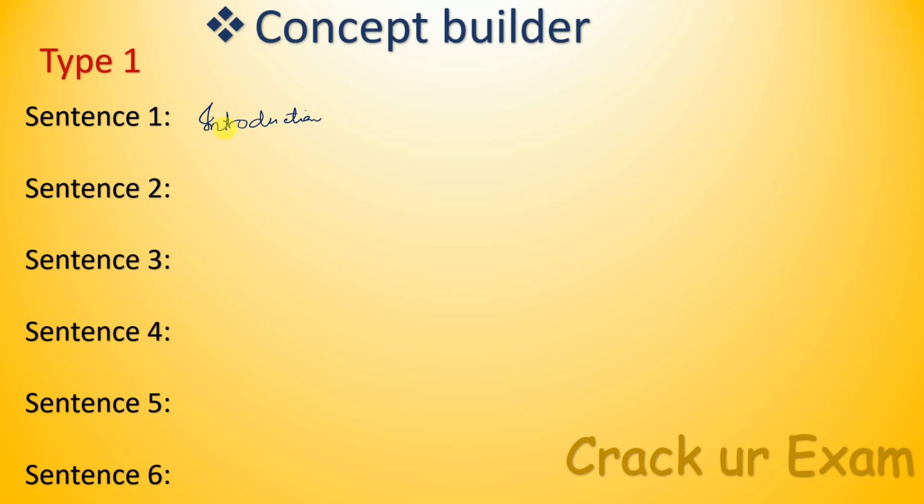Now, how can you understand whether a sentence is an introductory sentence or not? If I say introduce yourself, how do you start? First you say your name. So the introductory sentence must have a noun or a name, an independent noun.